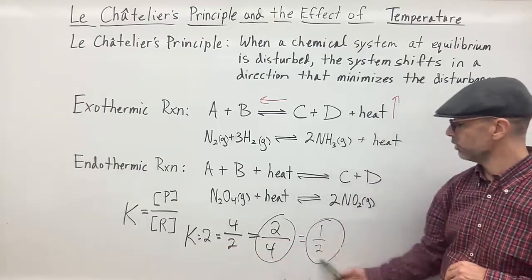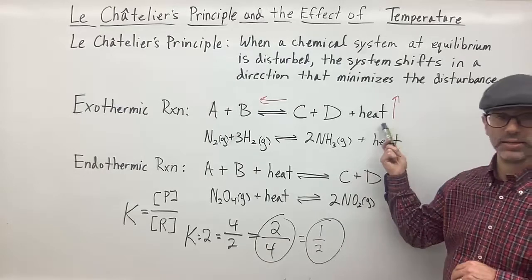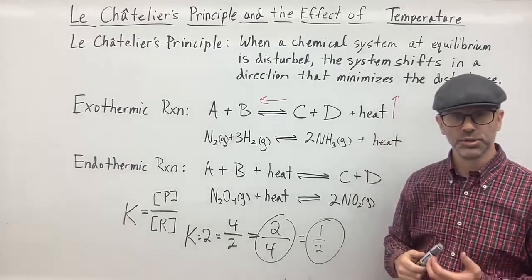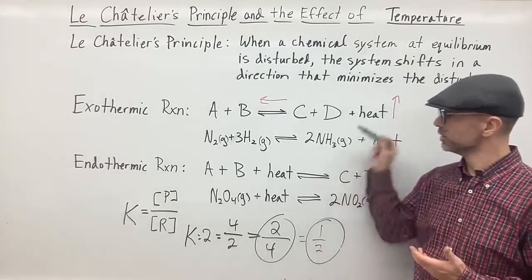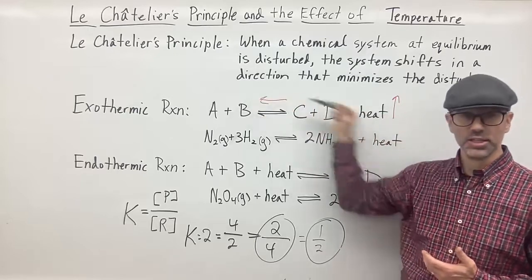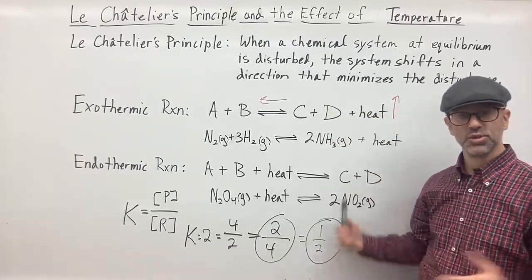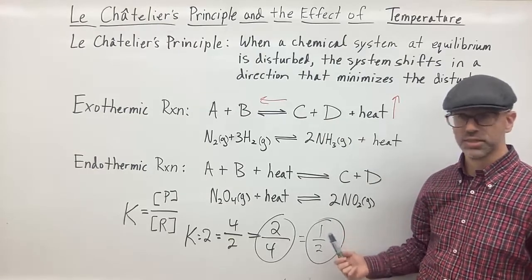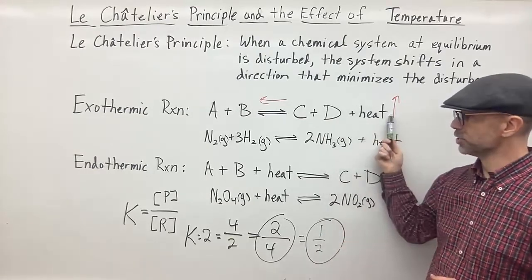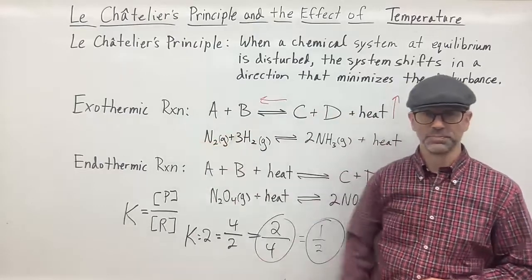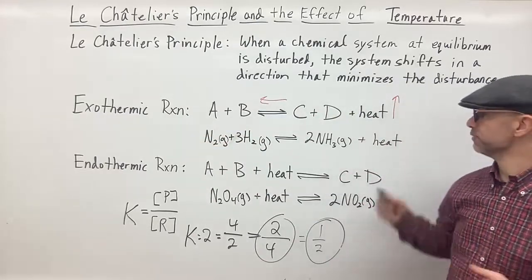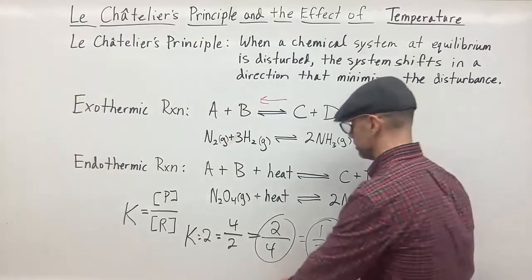And all of that is because I've raised the temperature. So under those conditions, it's going to shift this way to decrease the equilibrium constant. So the equilibrium constant is going to decrease when I raise the temperature for an exothermic reaction. It's the opposite if I decrease the temperature.